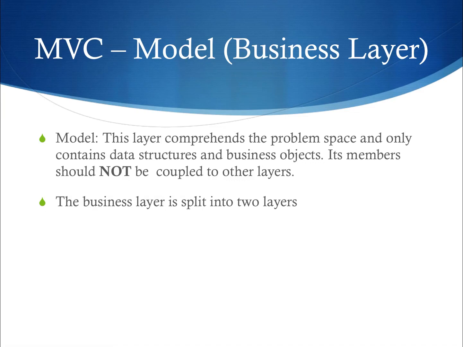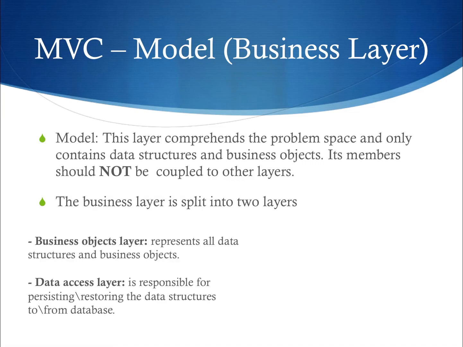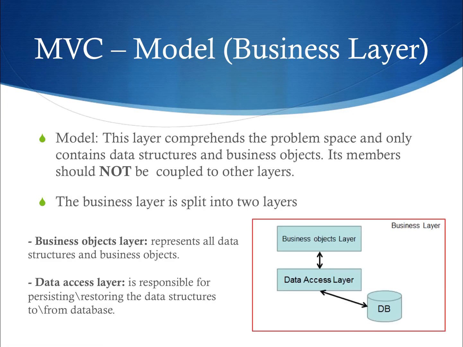The business layer is also split into two layers: the business objects layer and the data access layer. So why do we split it in two layers? The data access layer is responsible for persisting and restoring the data structures from the database. And the business objects layer represents all data structures and business objects.